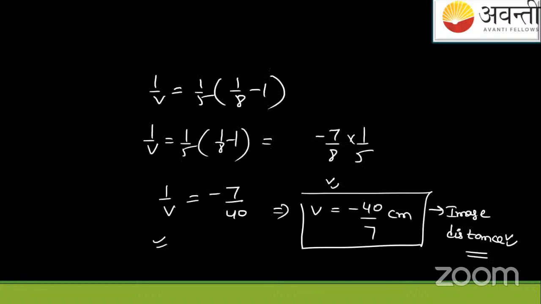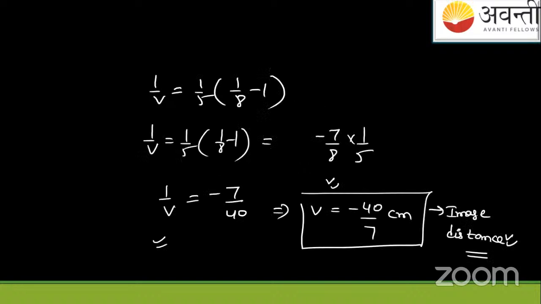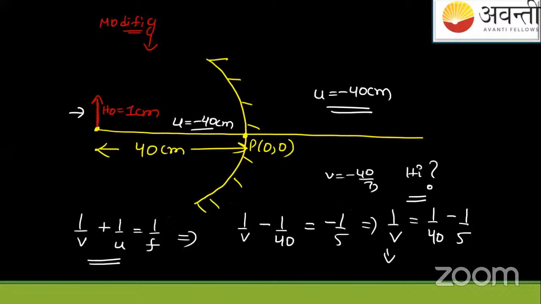If we convert this, the image distance and the height of the image, into X and Y coordinates, what will you write here? Any one of you, students? Yes, this is right. X, Y is minus 40 by 7 and minus 1 by 7.